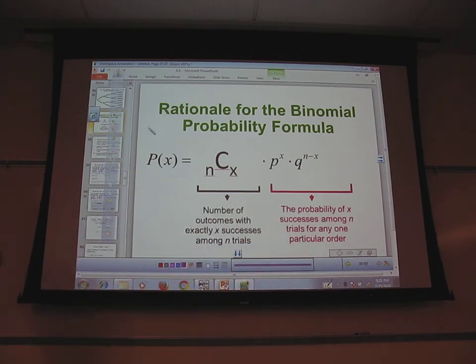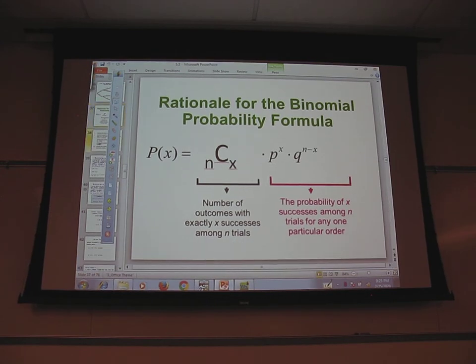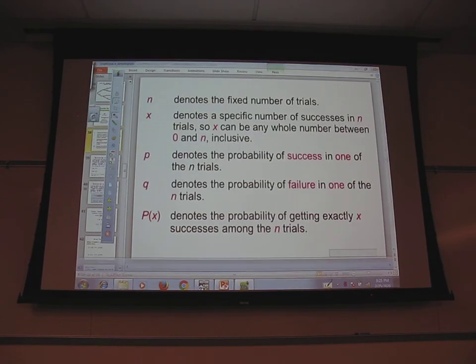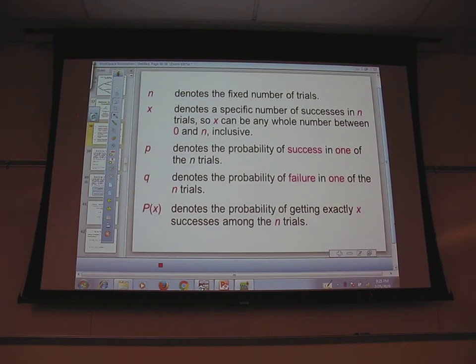All right. So let's take a look at a couple more notations. Remember, N is your fixed number of trials. X is the number of successes you have out of those trials, and it can be 0.